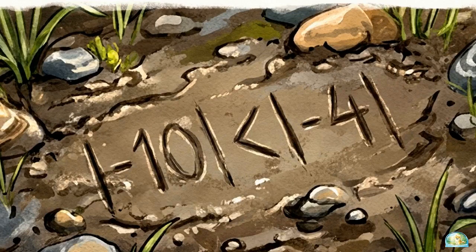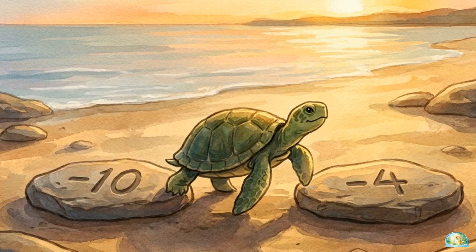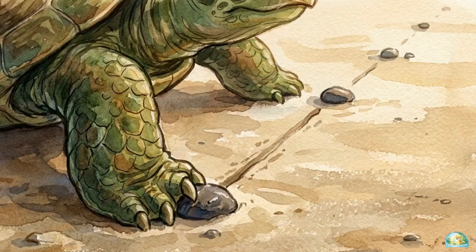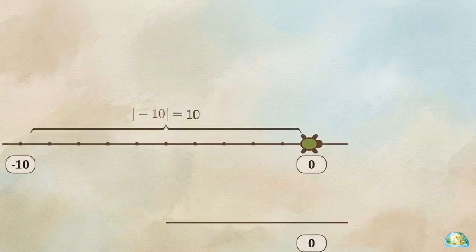It is easy to confuse these rules. Take a look at this scratch in the sand. It claims that the absolute value of -10 is less than the absolute value of -4. This mistake happens when we apply the rule of signed order to distance measurements. Yes, the position of -10 is less than -4, but the absolute value bars change the question. On this schematic path, traveling from -10 to 0 requires 10 physical steps.